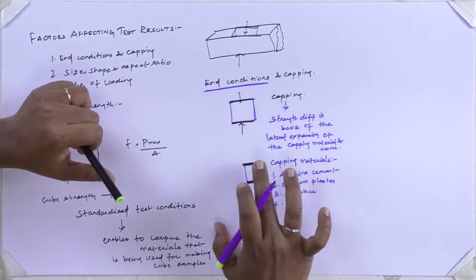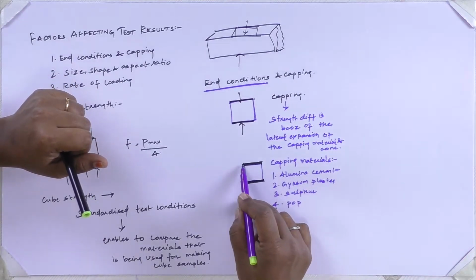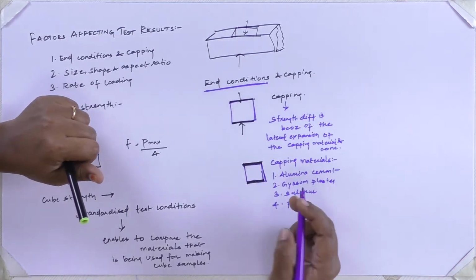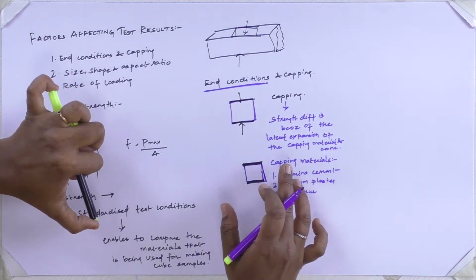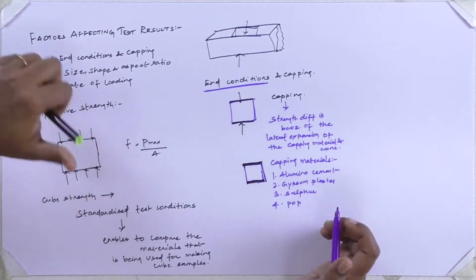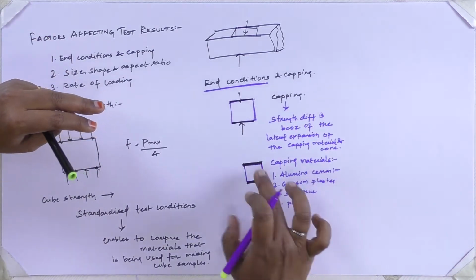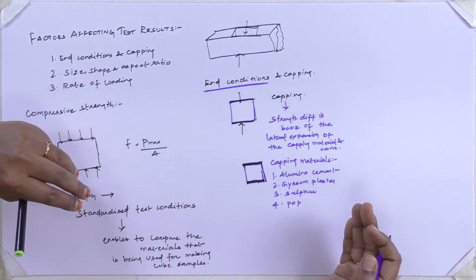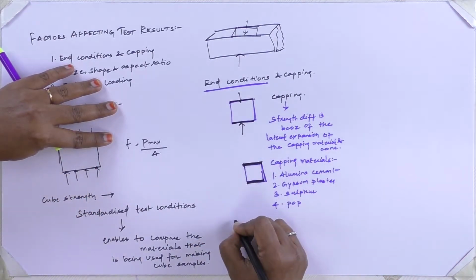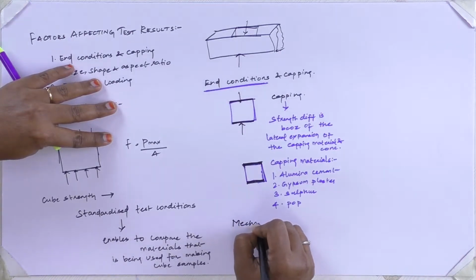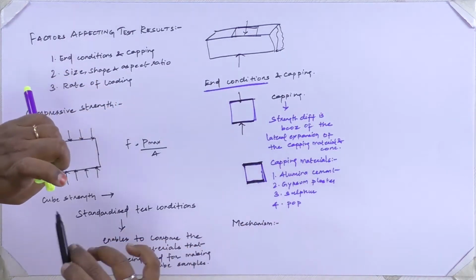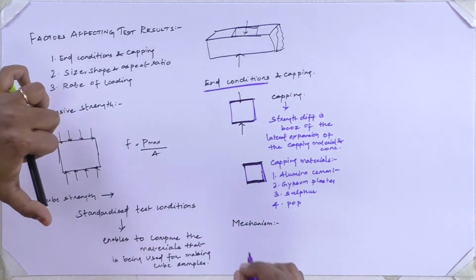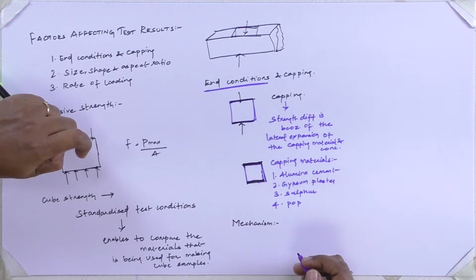These are the different capping materials which are used to make the specimen get into the required shape and size. So by applying these capping materials, the specimen is ready for testing. How the test results are influenced is discussed in this mechanism.